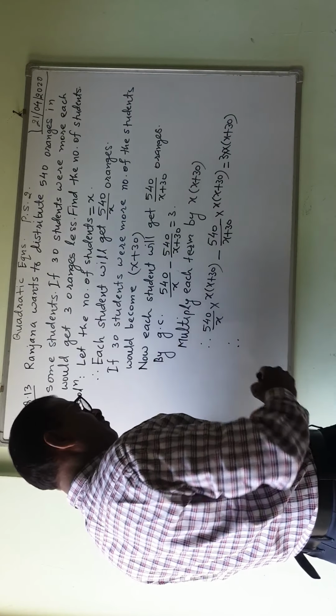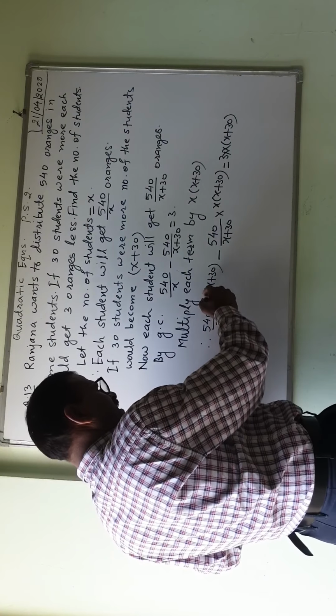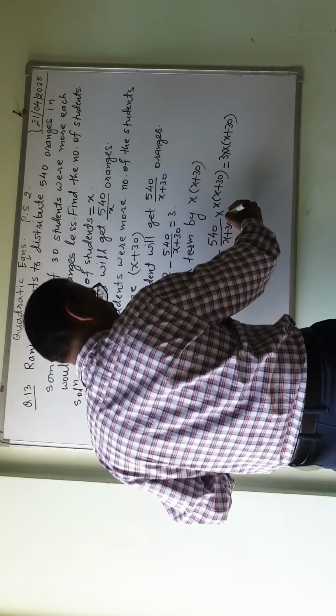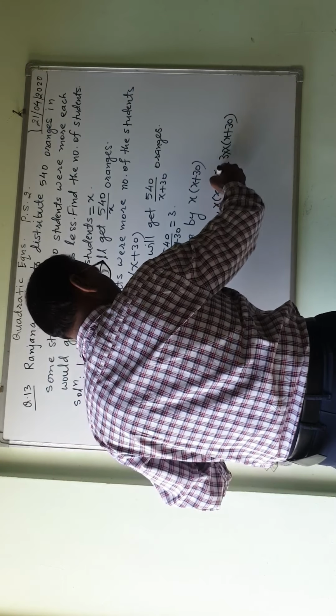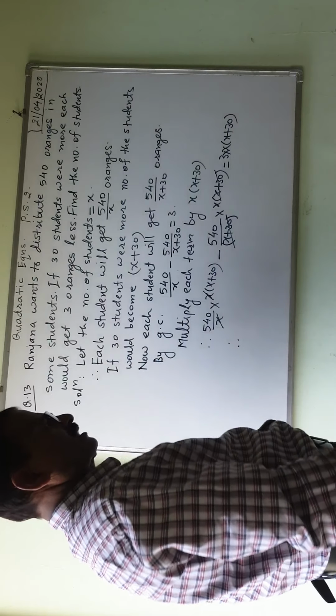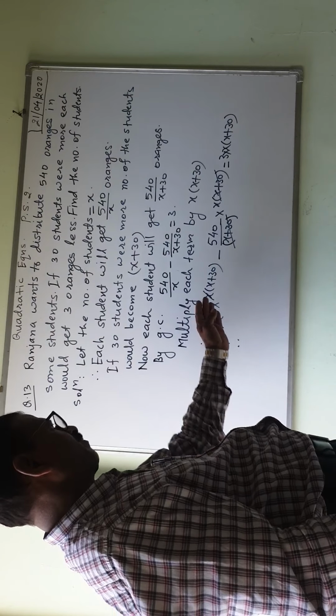Therefore, now it has become very simple. This x gets cancelled. Put the bracket and then cancel. Looks better. x plus 30 gets cancelled. Now multiply this.